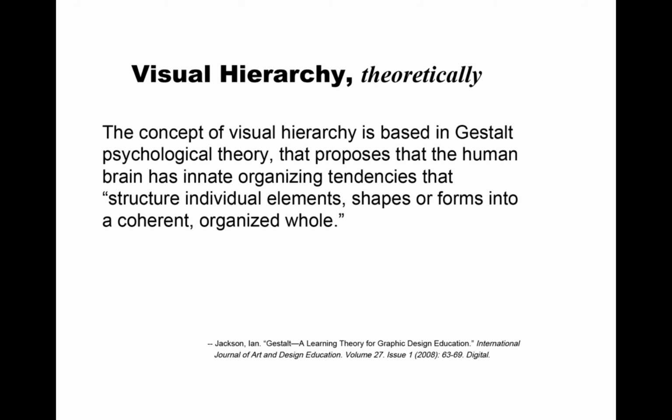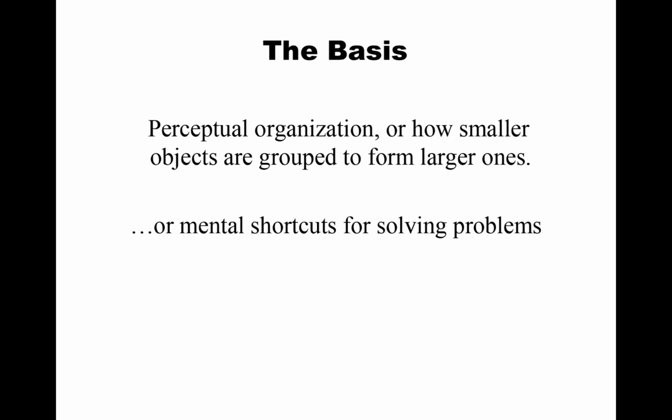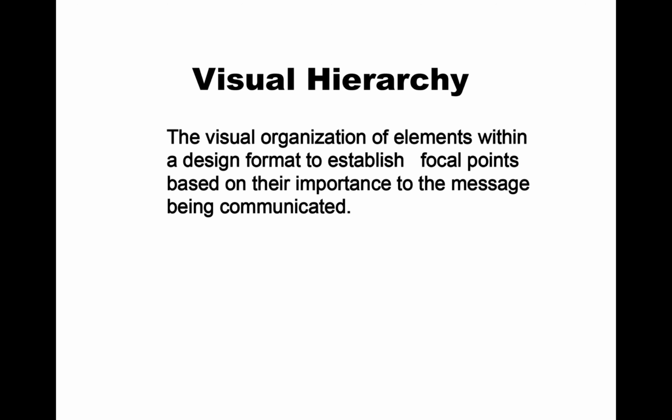So essentially, this perceptual organization, or how smaller objects are grouped to form larger ones, is all a way for us to mentally shortcut information or solve problems when we're looking at things. Makes us more efficient.